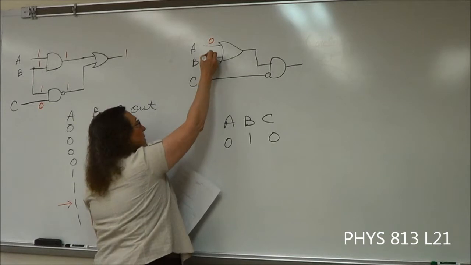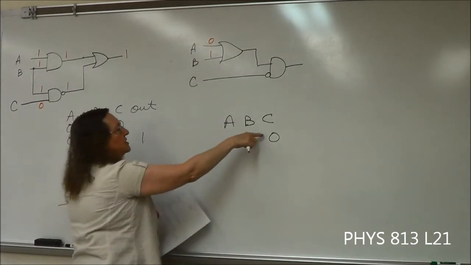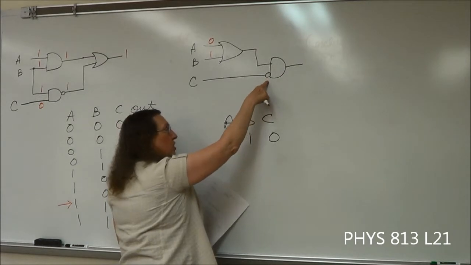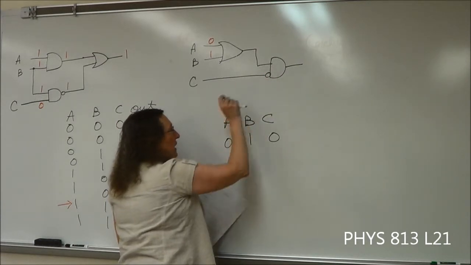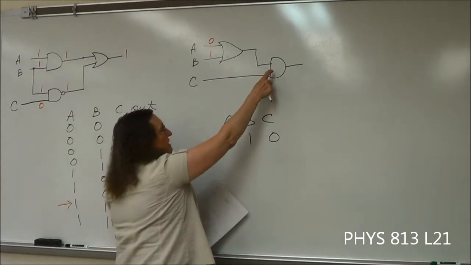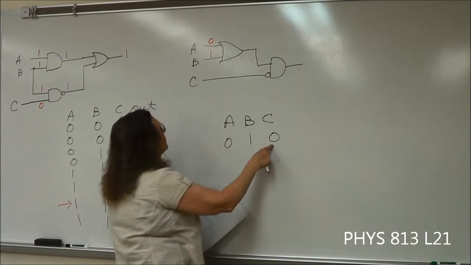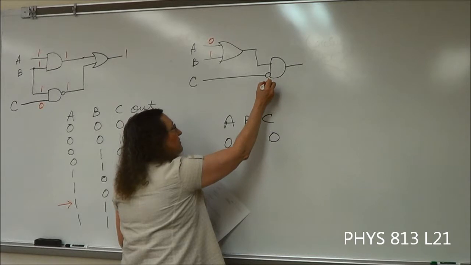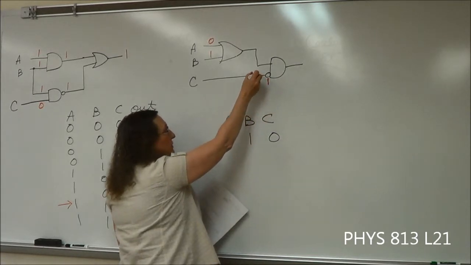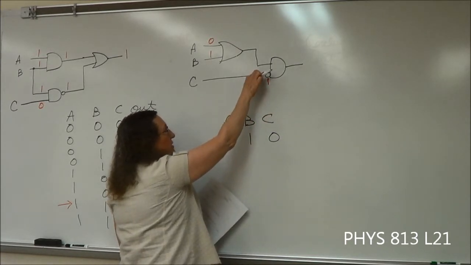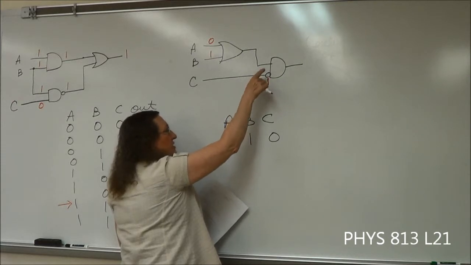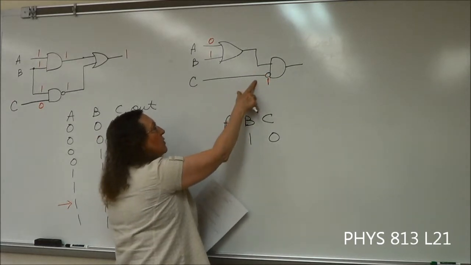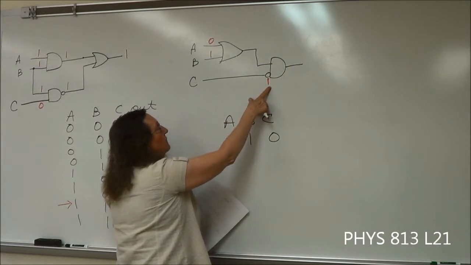B is 1, I'll put a 1 there. C is 0, but what you put over here, what goes into this is a 1, and I think I'll put it kind of down here. I'm not sure I really want to put it back here because then you might think you still have to take the opposite of it. So if C is 0, then not 0 is a 1.